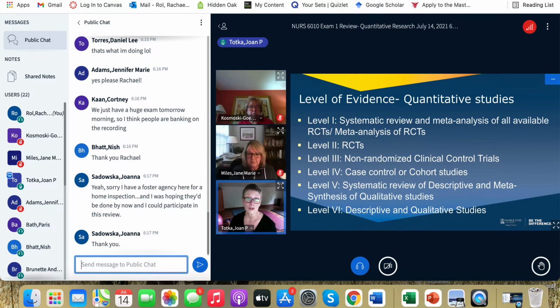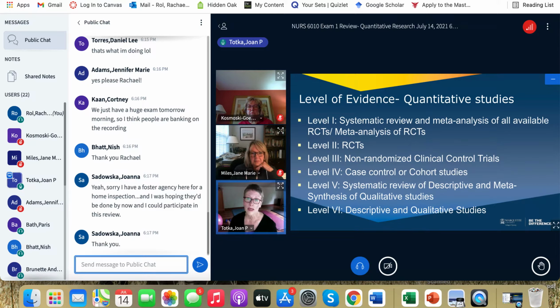So if you have a good systematic review of randomized controlled trials, that's the highest level of evidence that you can use. Level 2, randomized controlled trials, is the next highest level, but a strong RCT still doesn't beat a systematic review of RCTs.